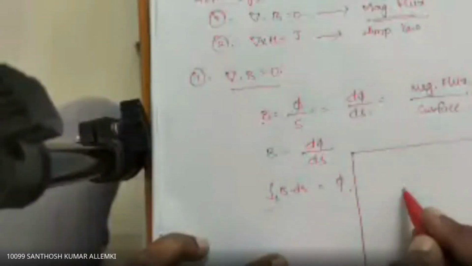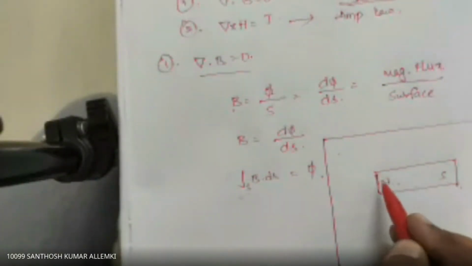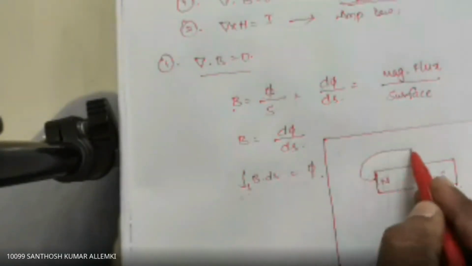Previously we explained that a magnet has a North Pole as well as a South Pole. The magnetic flux, that is, the magnetic field lines, will travel from north to south.